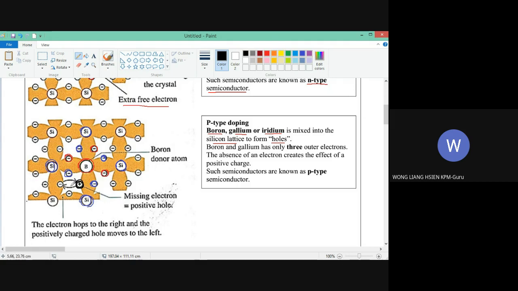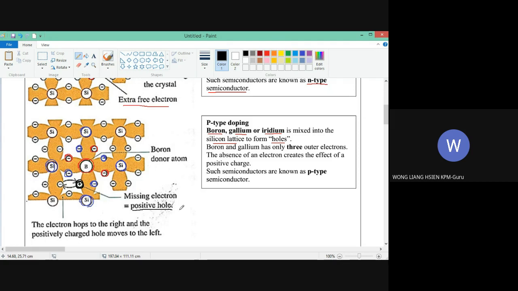So this shortage of 1 electron forms what we call a positive hole, because the effect of a shortage of electron is like you have a positive charge.